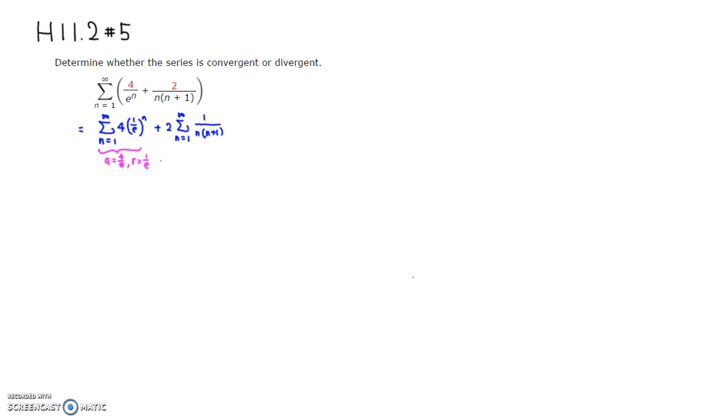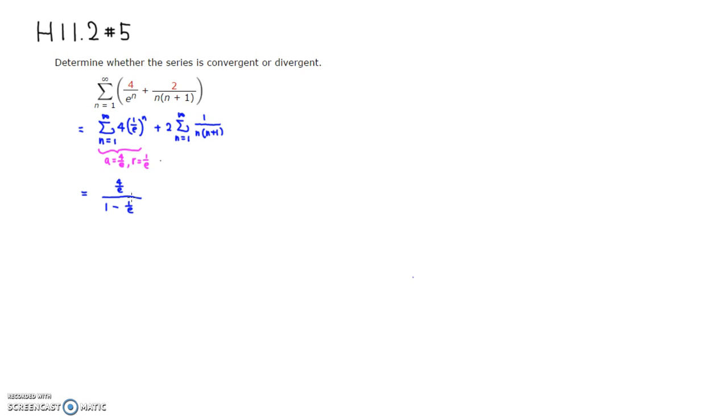Since the absolute value of r, 1 over e, is less than 1, we have a convergent series. So the sum is a, which is 4 over e, over 1 minus r, where r is 1 over e. So the first part is convergent and converges to this particular sum.